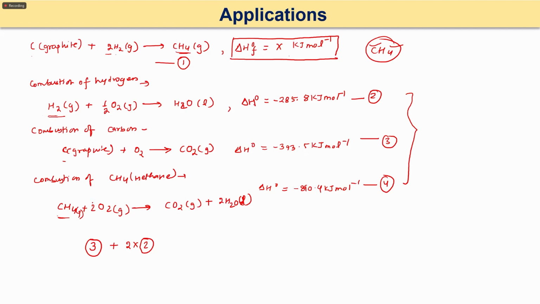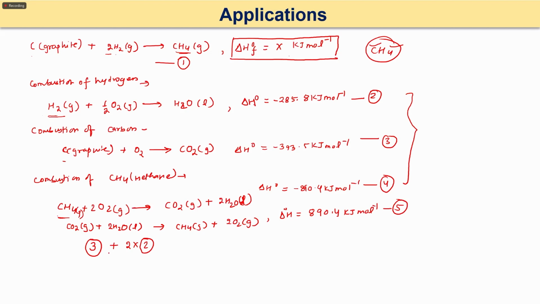So we will just reverse the reaction, and if you reverse the reaction, its delta H magnitude remains the same but its sign changes. Reversing equation 4, we get CO2 gas plus 2H2O liquid giving CH4 gas plus 2O2 gas, and delta H now becomes plus 890.4 kilojoule per mole. Let us name this equation 5.